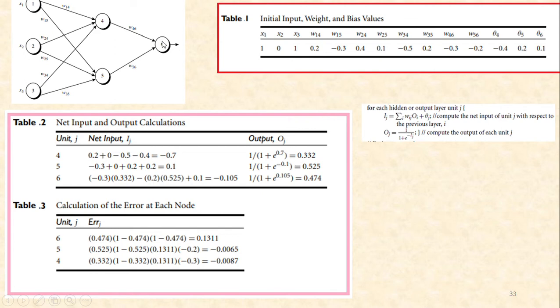The output of this neuron is 1 by 1 plus e raised to 0.105, that is equal to 0.474.